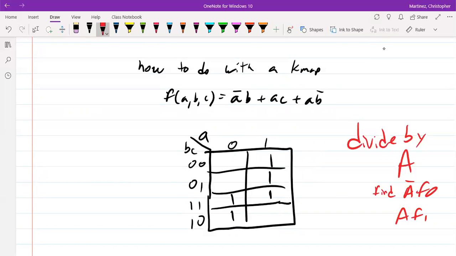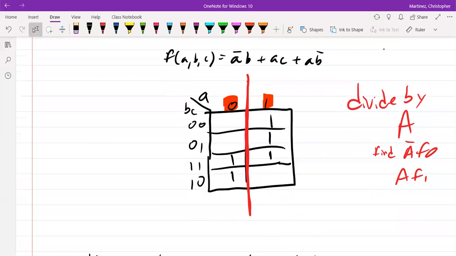So on the Kmap, I'm going to divide this Kmap right down the middle. Why am I dividing it down the middle? Because I have the part where a is 0, and then I have the part where a is a 1. Every part where a is a 0, that's going to form my f0 function, and the a is 1 part is going to form my f1 function.